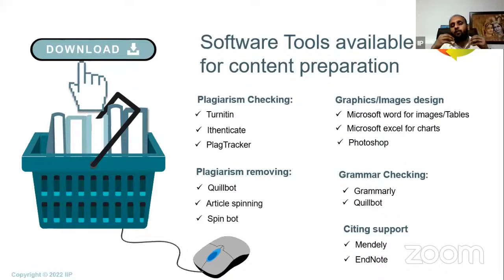If I put content in Quillbot and run the machine, it will give the plagiarism-removed content, alternative content with literal meaning, not with technical meaning. It will give the literal alternative meaning for the content you posted in Quillbot.